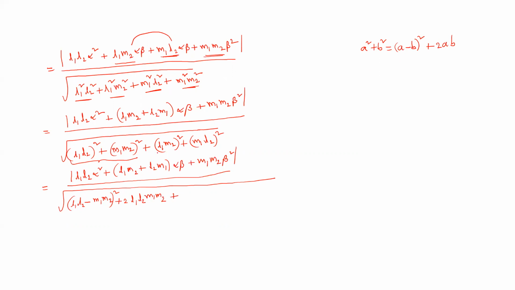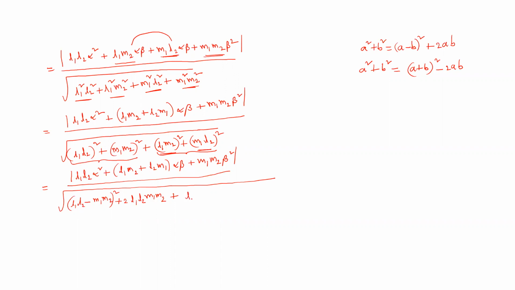Plus next two terms. Again a square plus b square. Here I am writing this as a plus b whole square minus 2ab, where a is L1 M2, b is M1 L2.